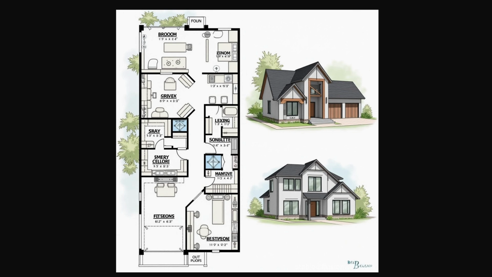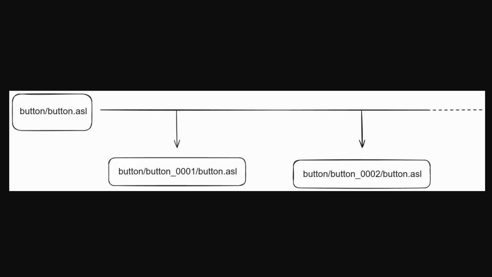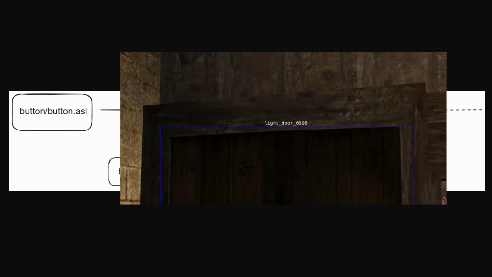It is exactly the same as what we have for the folders here: the main button on the left side of this image is the floor plan of the house, if you will, and the numbered folder button scripts are the instances. So you will not see the button/button.asl, you will only see the numbered versions in the game. And that is why if you go into the game and see the entities with the debug tool, you will see button 0001, 0002 all around you, entities with these numbers, but not the main one.